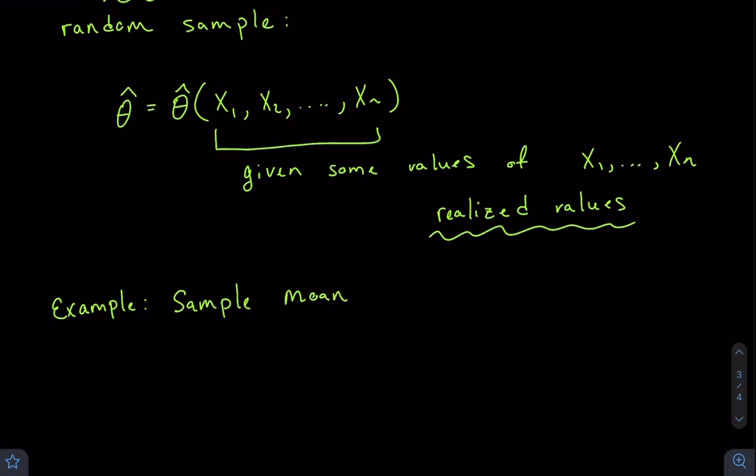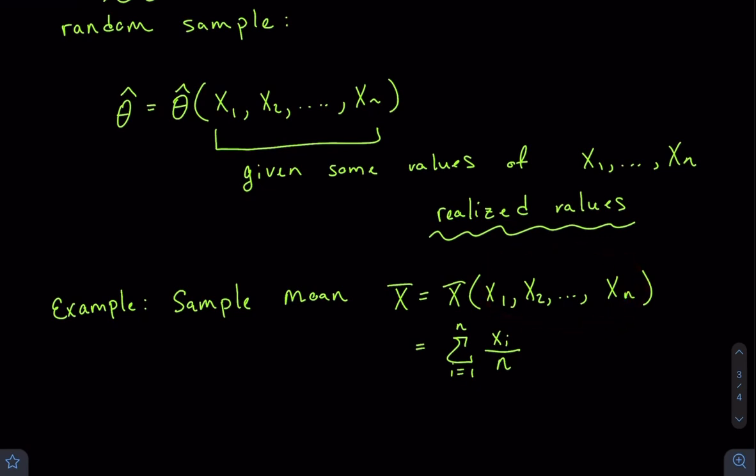And the sample mean, as a statistic, is a function of our random sample, which is defined as the sum from the first to the last random variable divided by the number of the total random variables in the random sample.